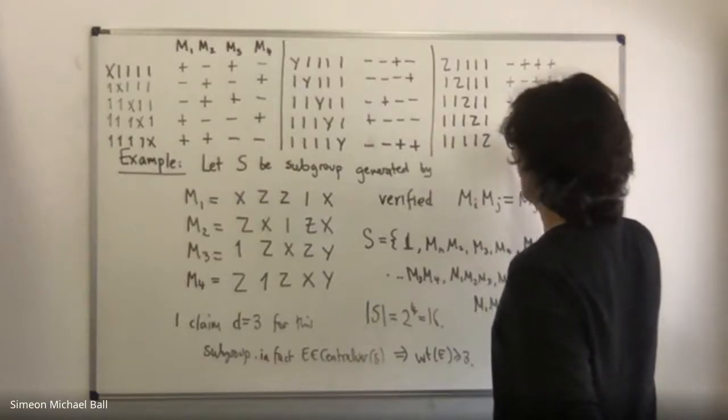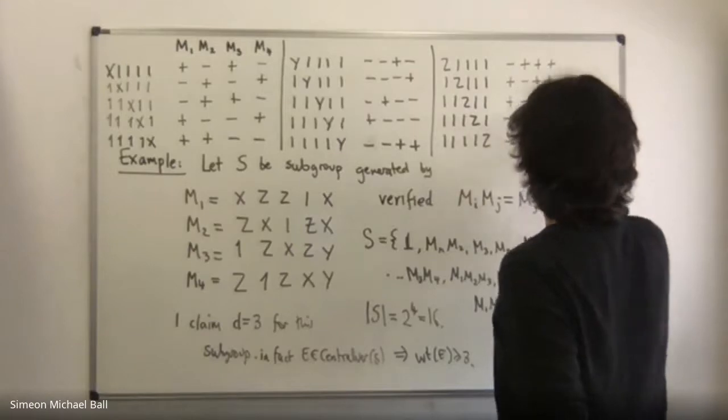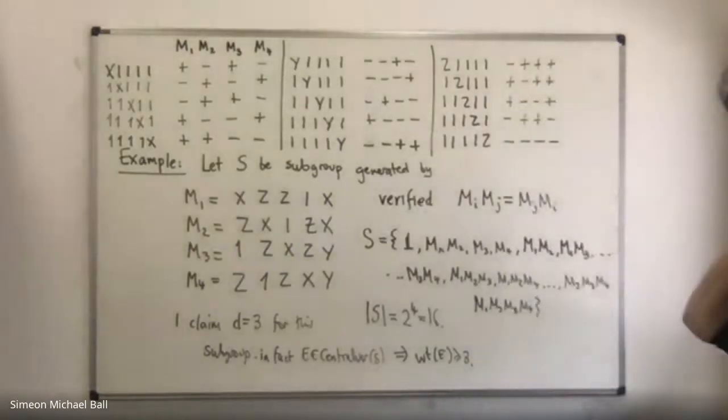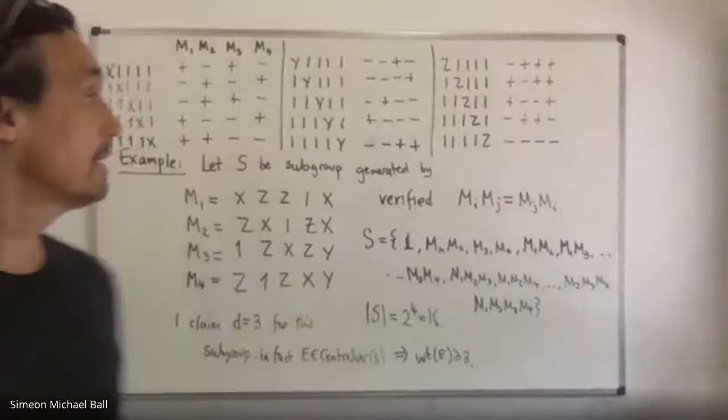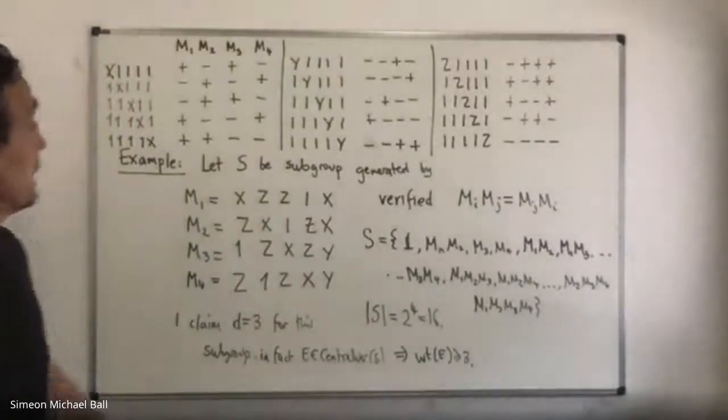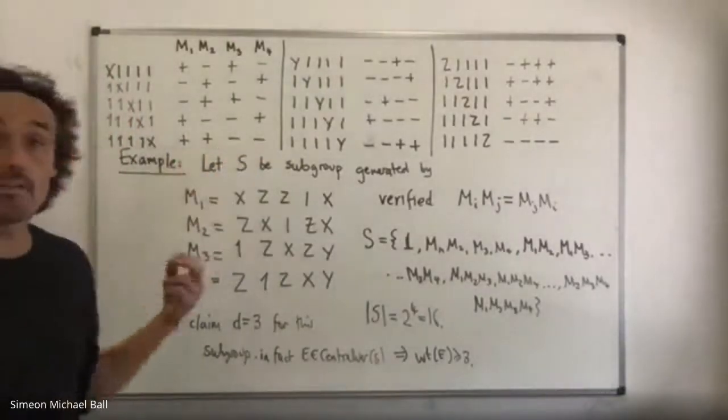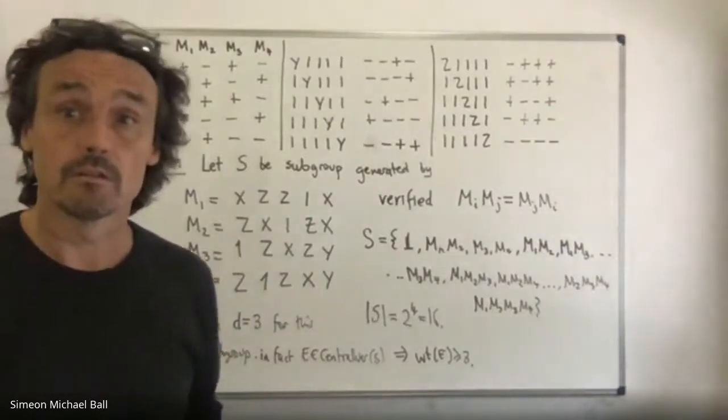And finally, it's going to be minus, minus, minus. So all I need is to set up a circuit where I can do a measurement and get these syndromes, and then I know all the errors.